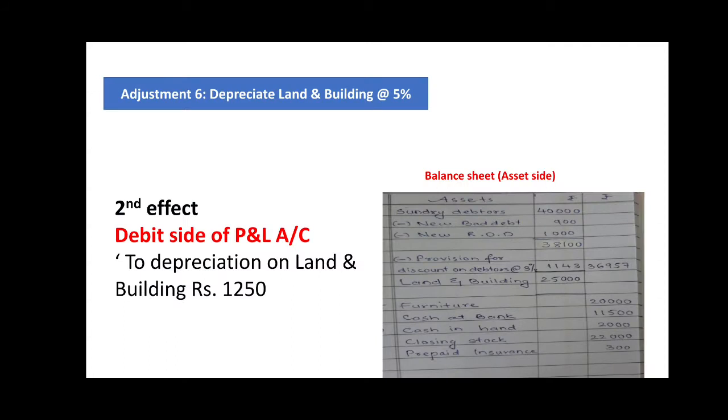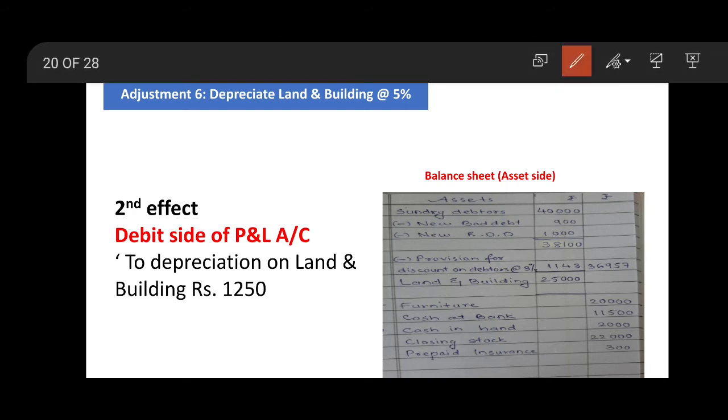Adjustment 6 is on depreciation of land and building at 5%. We already have land and building on the asset side, rupees 25,000. Depreciation is always deducted, so less depreciation at 5%. Calculate 5% of 25,000, so 25,000 into 5 upon 100. 5% means 5 upon 100.